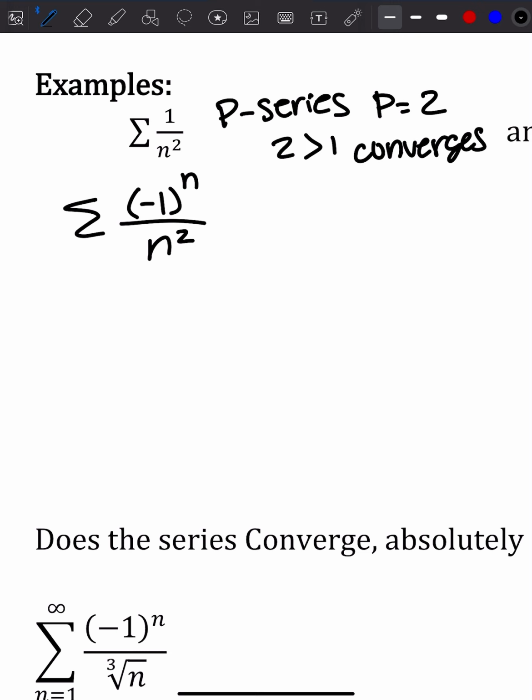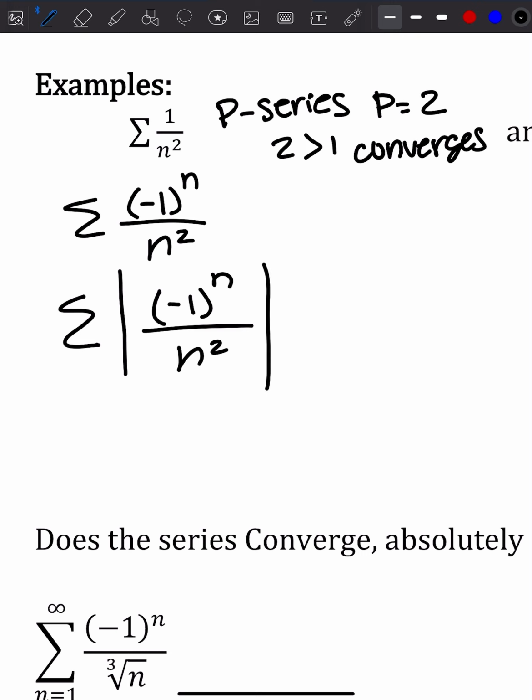If we look at the absolute value of it, we have the summation of the absolute value of our function here. This absolute value is literally going to just take away that entire alternating series piece. So we are still looking at 1 over n squared. We just said that converges.